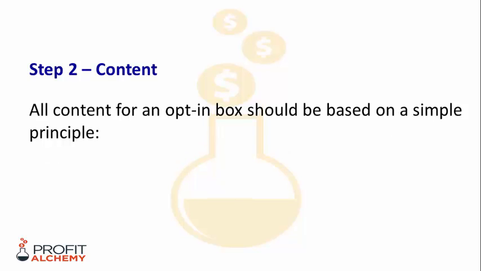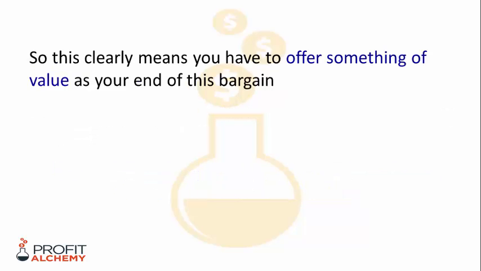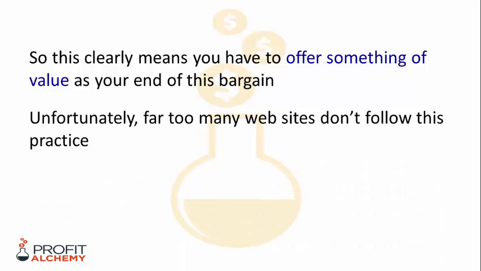All content for an opt-in box should be based on a simple principle. And that principle is that you ask people to trade their contact information in exchange for receiving something. So this clearly means that you have to offer something of value as your end of this bargain.